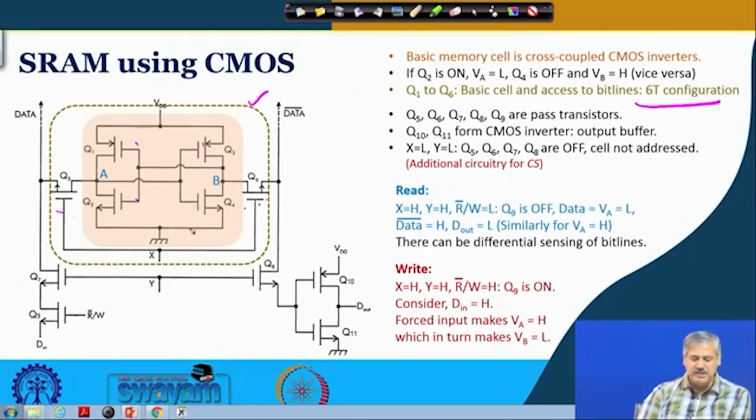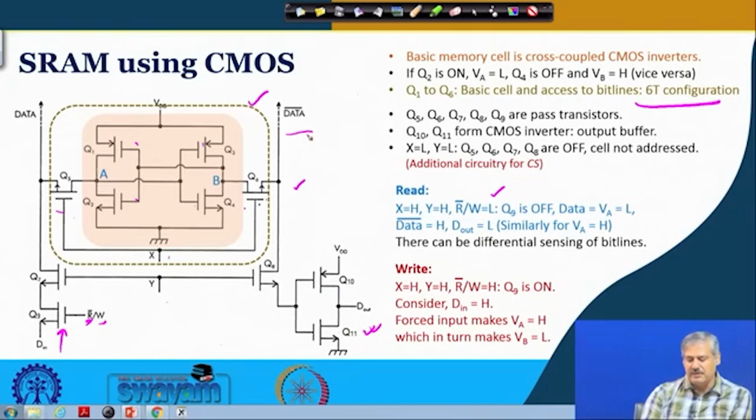And for read operation, both x and y are high, and now this is read bar and write. Okay. So, this has to be low for read operation. So, basically then this is a pass transistor, so D in is not allowed to go in that direction. Is it fine? So, at that time whatever information is there in the data bar, and this y is high, it is getting passed by the pass transistor Q8, and then this is a CMOS inverter.